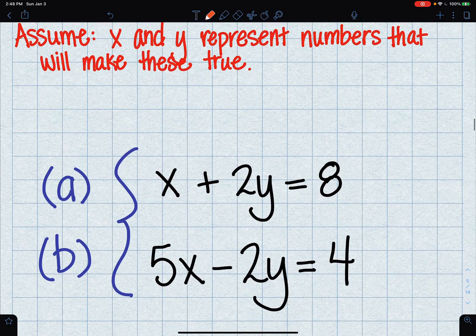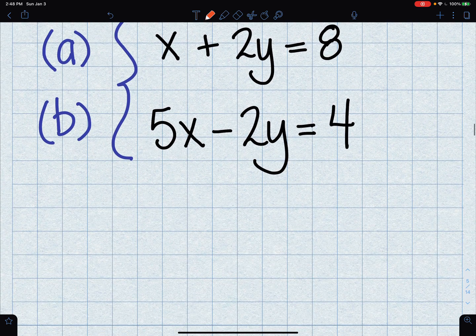All right. We're going to assume x and y represent numbers that will make these true. And that's all. We should always assume that in all of our problems. It's kind of a silly thing to say, but you're just saying, assume that the problem we give you actually has an answer.